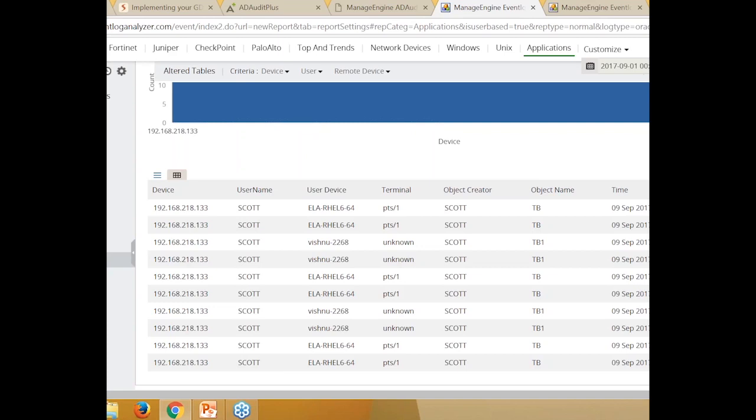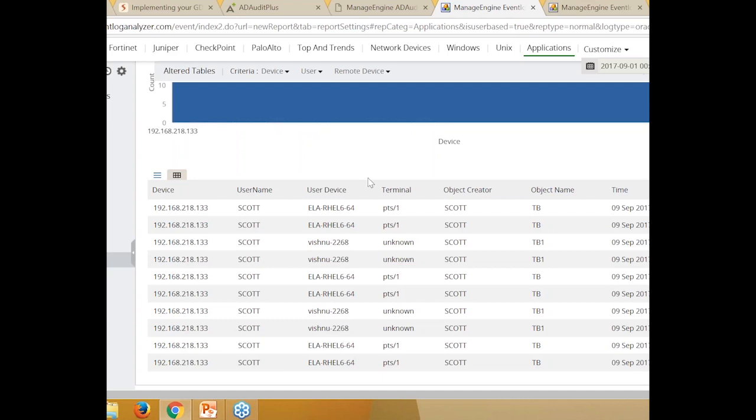We can track modifications and accesses being made to our file and folder systems as well as our databases. So there's really a huge scope, like I said, of the different things that you can audit. But of course, since we are short on time, I really can't go through every single report. But I hope you can see the many things that can be achieved using an auditing tool.